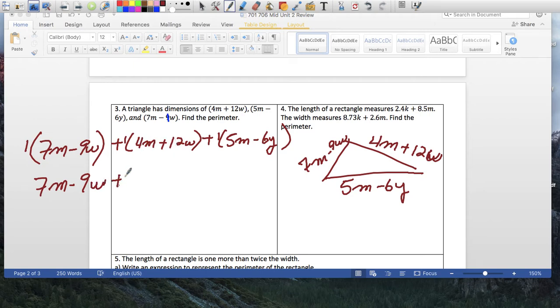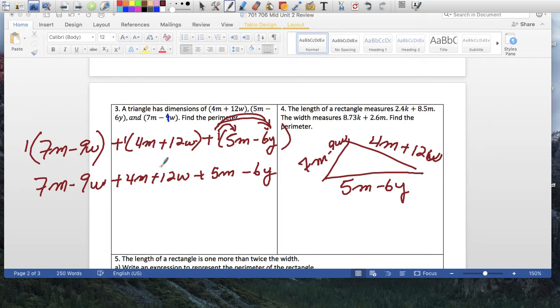It's a positive, so it becomes 4m plus 12w. And the last one, positive times positive gives me positive 5m, and positive 1 times negative 6y becomes minus 6y, right?